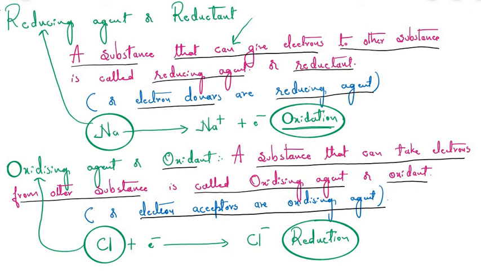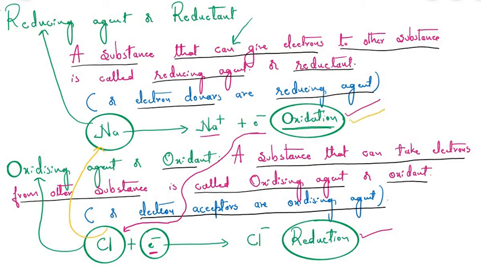Is it clear? Now this Cl is gaining an electron. Who gave this electron? Sodium has given the electron because it has lost that electron. You can see here Na plus electron. Now this lost electron is taken by this Cl. So wherever there is oxidation, there is always reduction. Now I want to say that this chlorine atom is making sodium lose an electron and undergo oxidation.